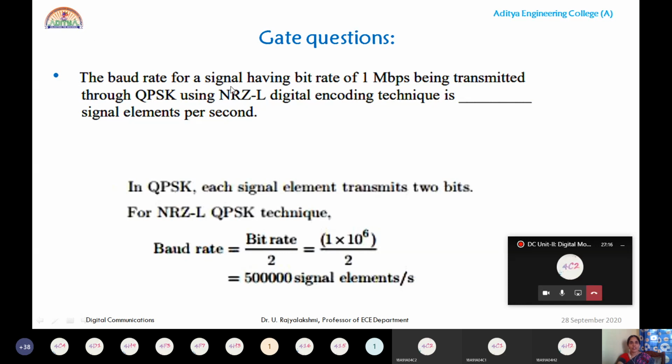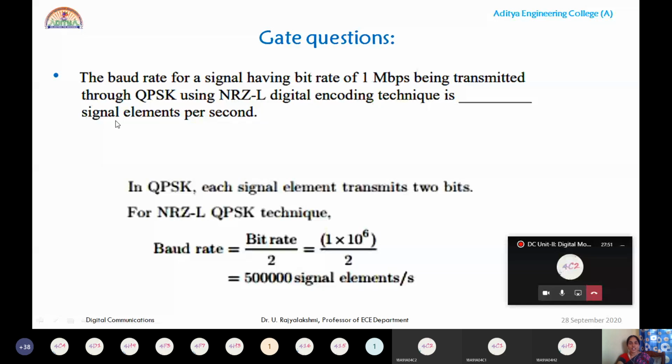So the baud rate for the signal having a bit rate of 1 megabits per second being transmitted through QPSK using the non-return to zero level digital encoding technique is dash. Please always remember that the baud rate is defined as the ratio of bit rate to the number of bits present per symbol. Here, instead of symbol, they called it signal elements.